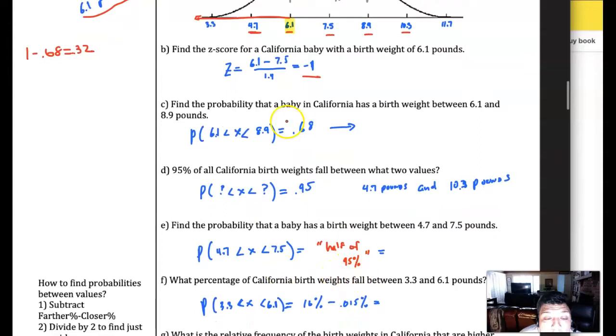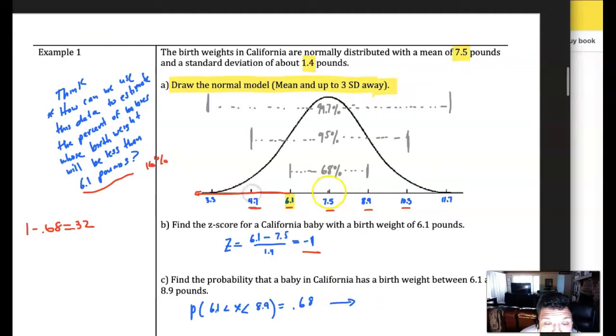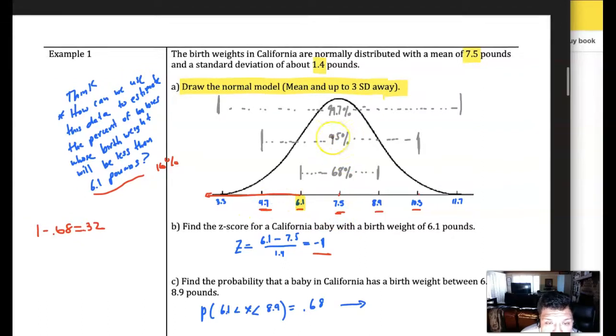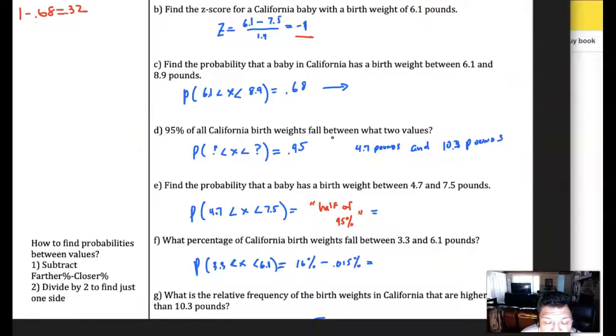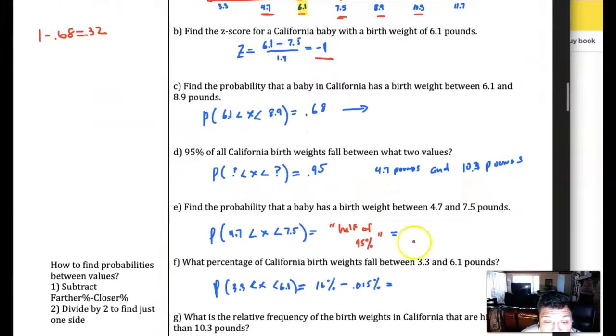Where am I getting that from? Well, from here to here and from here to here is 95%. From 4.7 to 7.5, the answer is half of 95, which is 47.5%, which I had to put here. 0.475 would be our answer there.